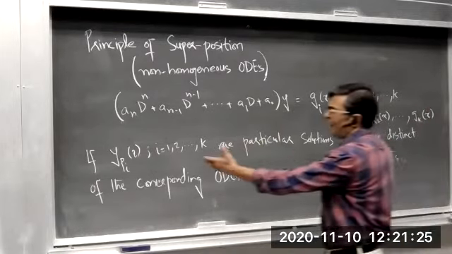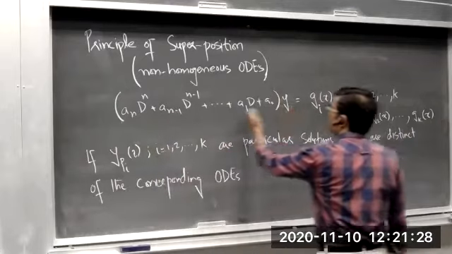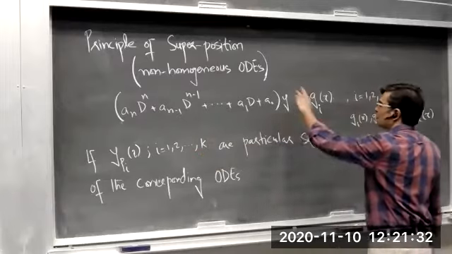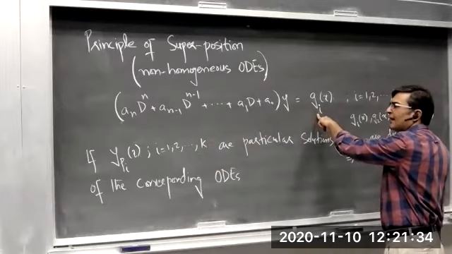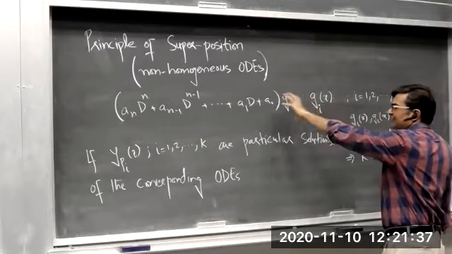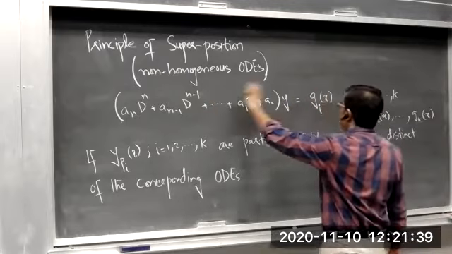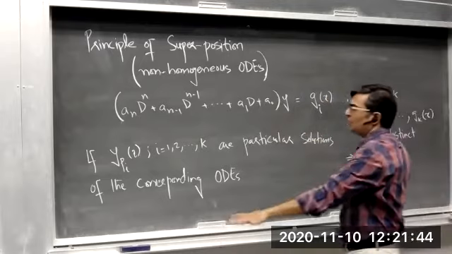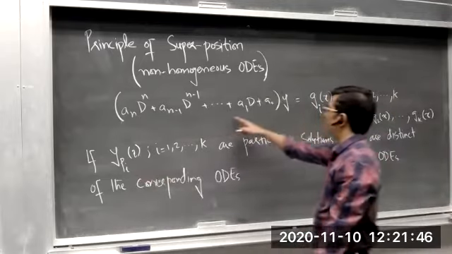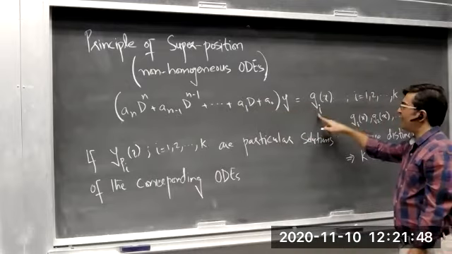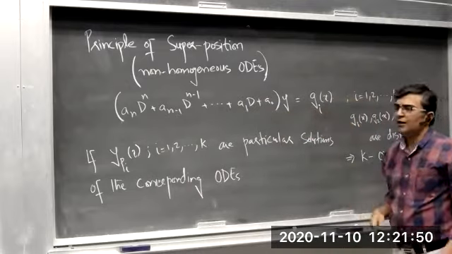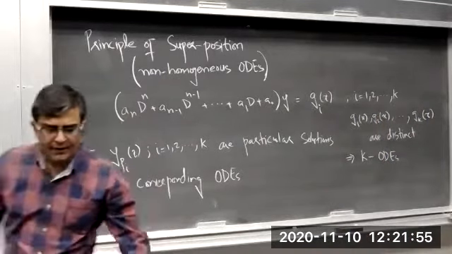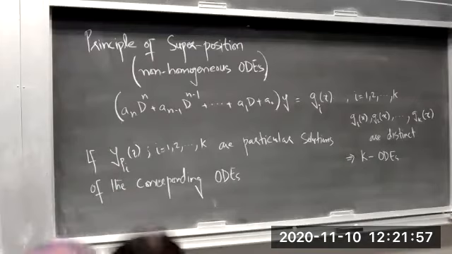Corresponding ODEs means y_{p1} will be the solution of this differential equation with g1. y_{p2} will be the particular solution of basically the same differential equation. Left hand side would be same, but the right hand side here we have g2 of x, and so on. y_{pk} is the solution of left hand side same, right hand side we have gk of x. We have k differential equations and we have k particular solutions.